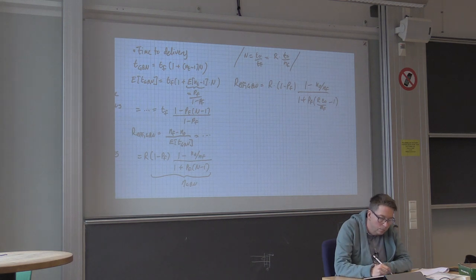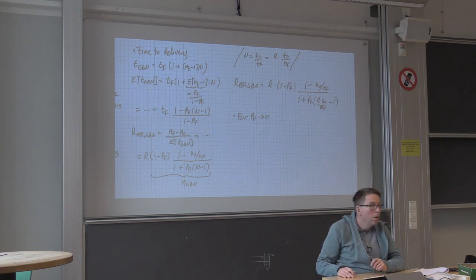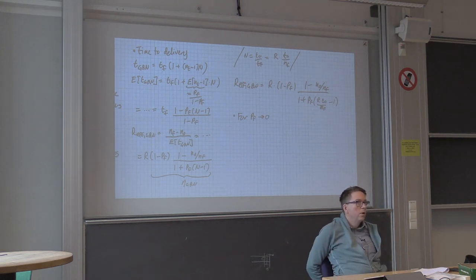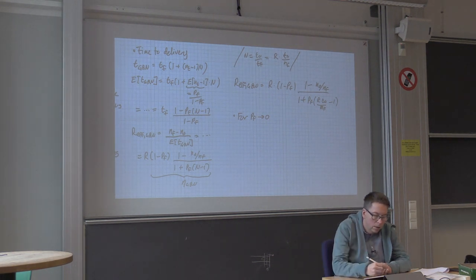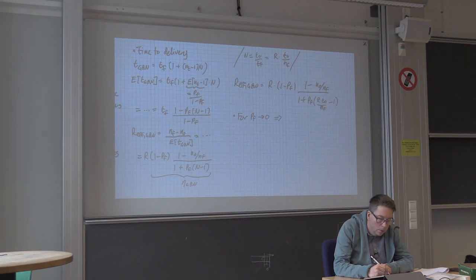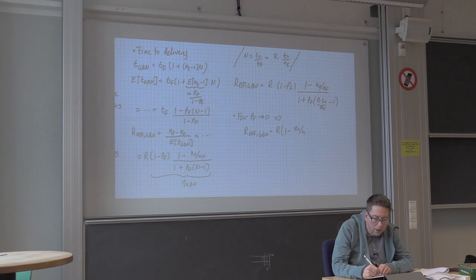Now, if we have a very low probability for frame error, then the effective rate of go back N is R times 1 minus N0 over NF.